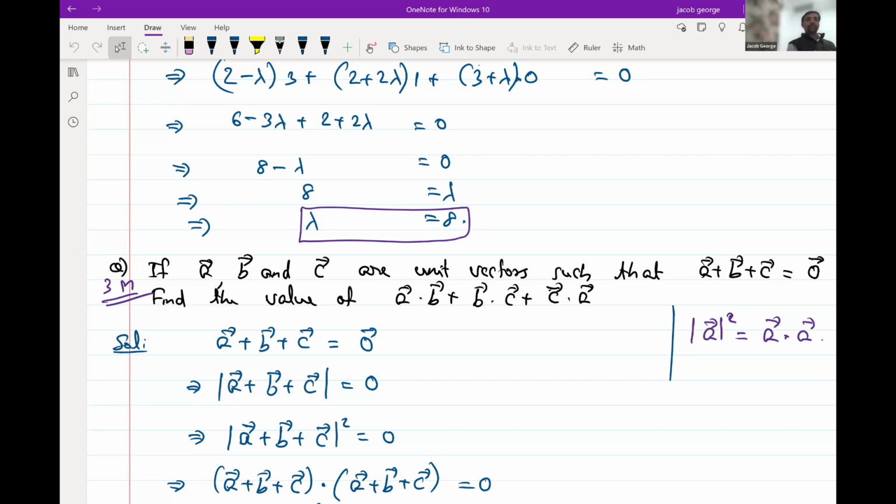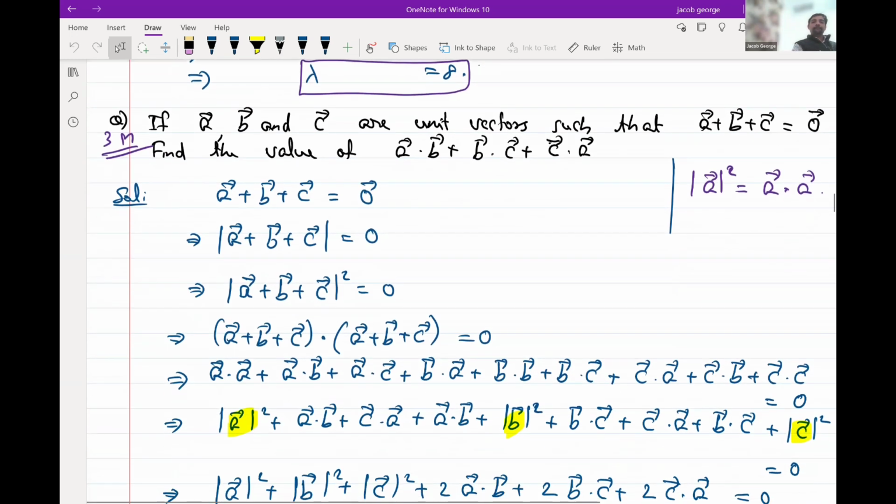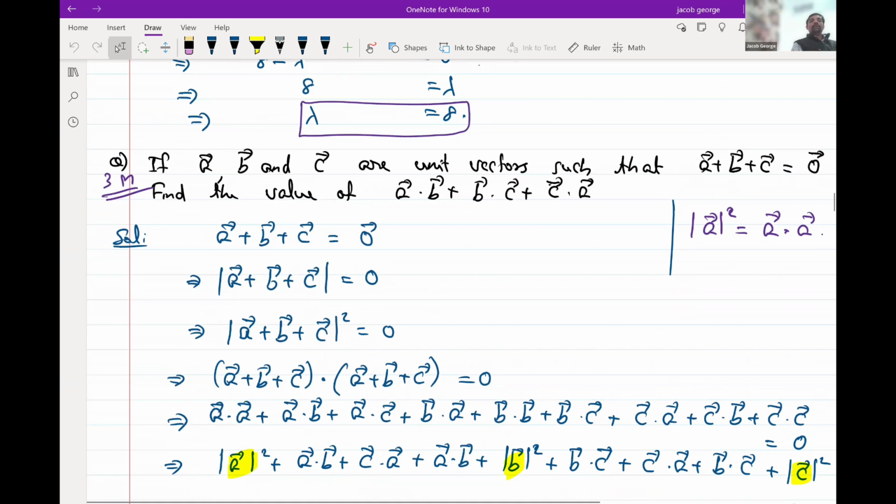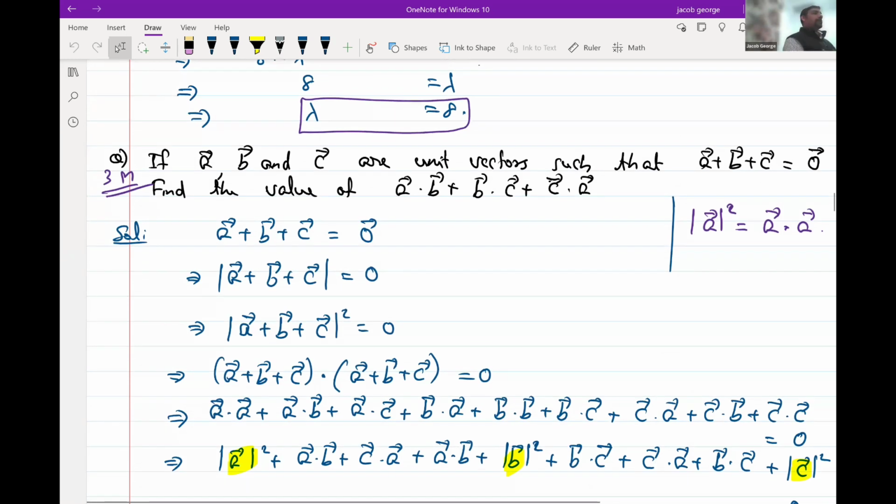Okay, they are unit vectors, so magnitudes are 1. Magnitude of each vector is 1. Vector A plus vector B plus vector C is the 0 vector.